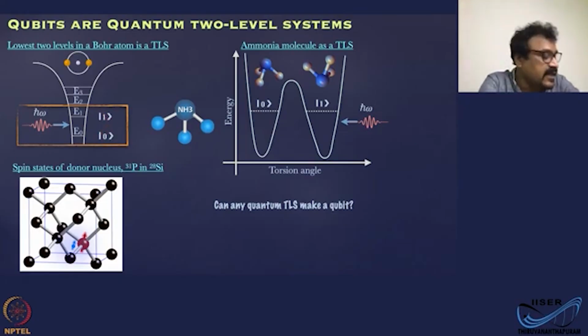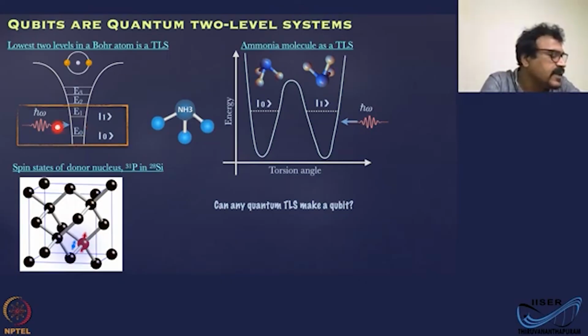That's one example. And you can transfer the system between these two states, or you can put the system in the superposition state, by appropriate mechanisms, such as using radiation in an atom, in a normal atom, with frequency such that h bar omega equals the energy difference between the two states.